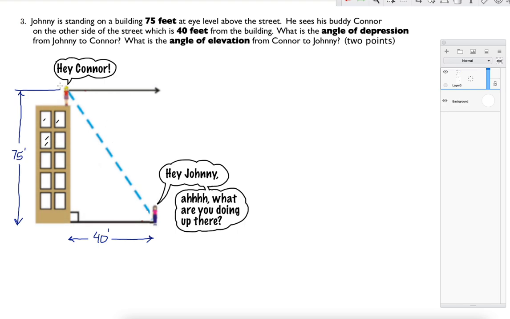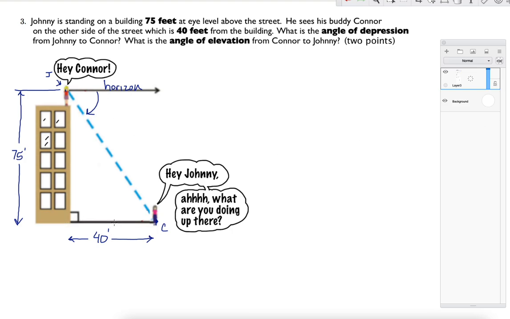Johnny to Connor? So this is Johnny here, that's J, and this is C. Maybe I can say this is point J and this is point C right here. Angle of depression is measured from the horizon down. So here's our horizon. We want this angle right here. Well, what do we know about all horizontal lines?